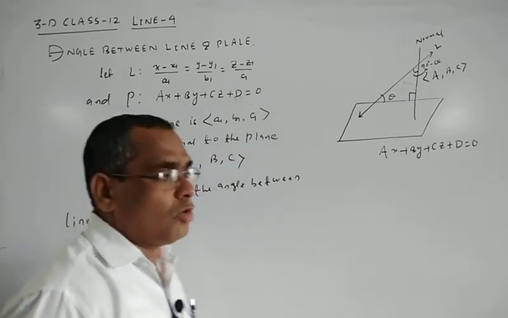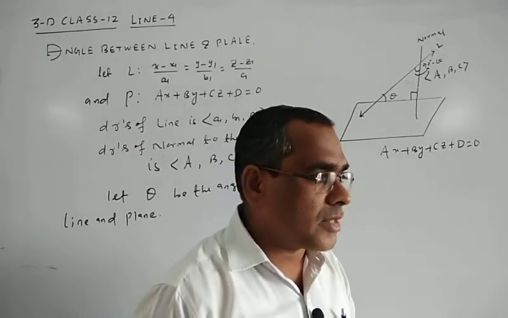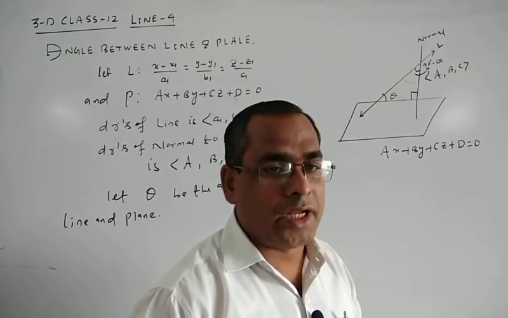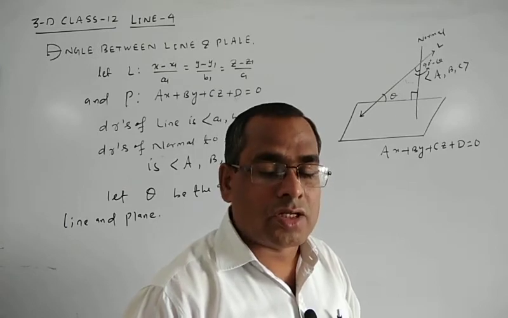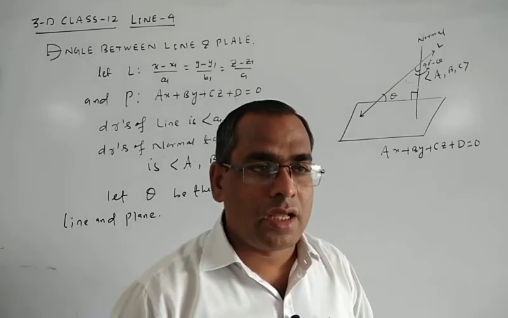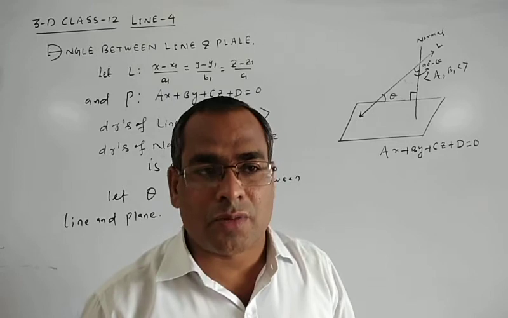Okay. And you know the angle between two lines, cos theta is equal to (a1 a2 plus b1 b2 plus c1 c2) by root of (a1 square plus b1 square plus c1 square) into root of (a2 square plus b2 square plus c2 square).